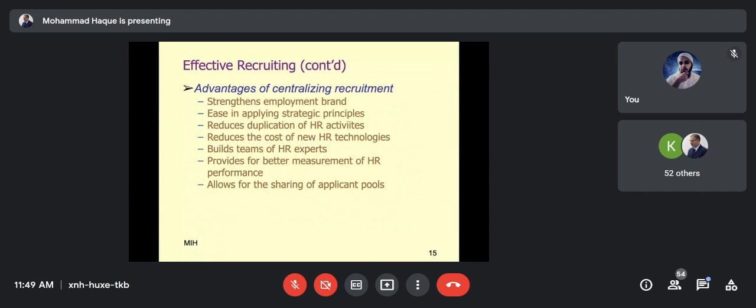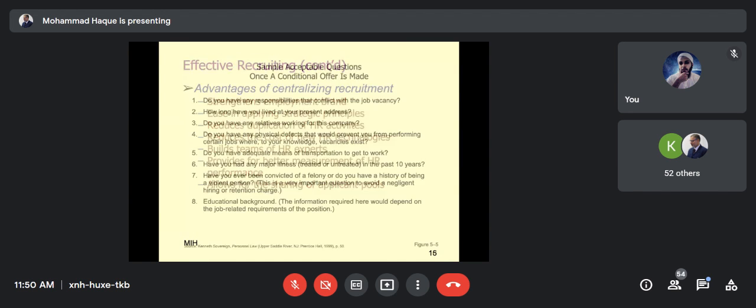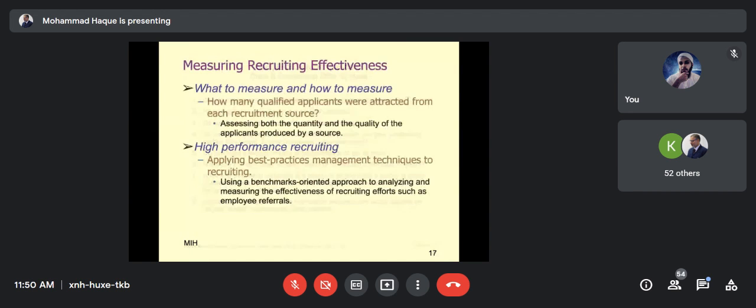We find that there are advantages of centralized recruiting, where it strengthens employee brand, eases applying a strategic principle, reduces duplication of HR activities, reduces the cost to a large extent, builds a team of HR experts, provides for better measurement of HR performance, and allows for sharing of applicant pools.